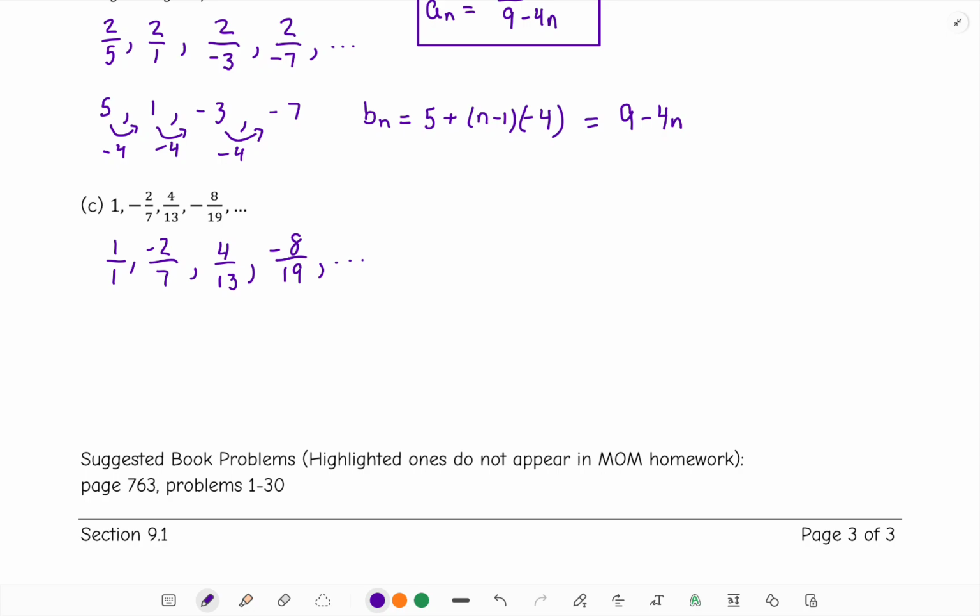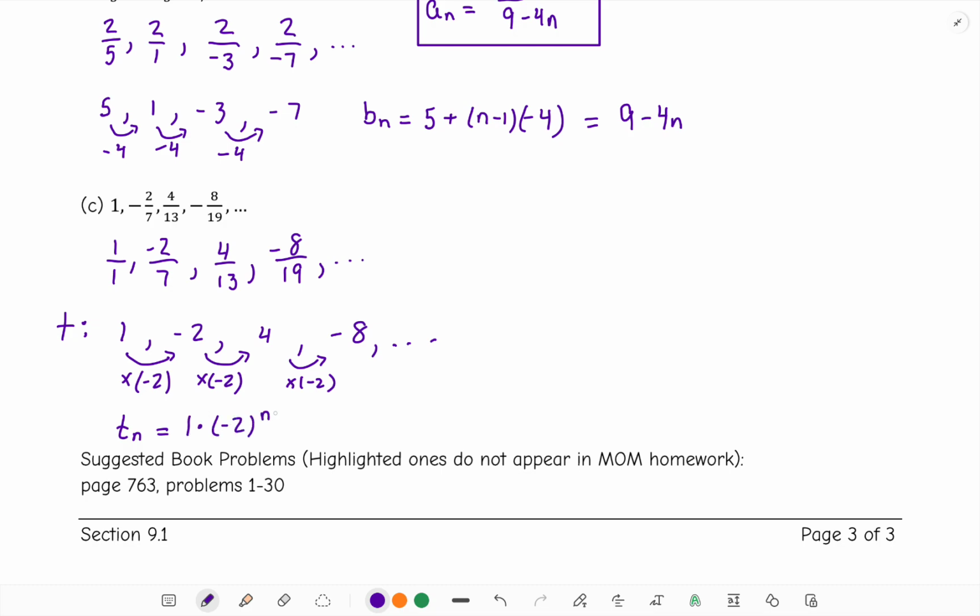So here I know it'll work. So here for the numerators, or the tops, which I'll call T, it's 1, -2, 4, -8, and so on. And you notice that you're multiplying by -2 each time. So that means for our numerators, we get a closed form of Tn equals 1 times -2 to the n minus 1.